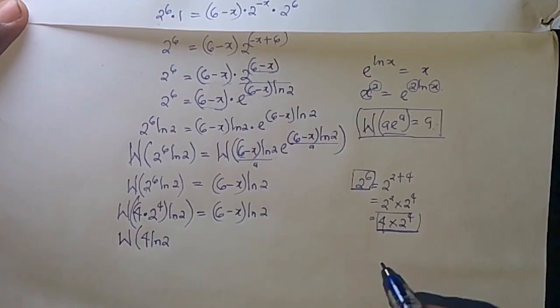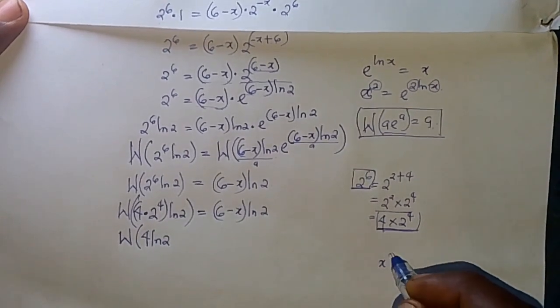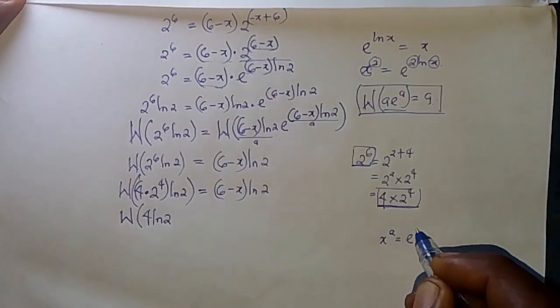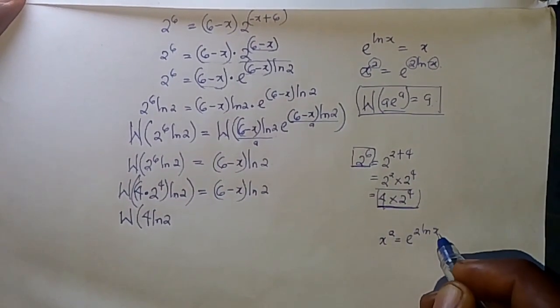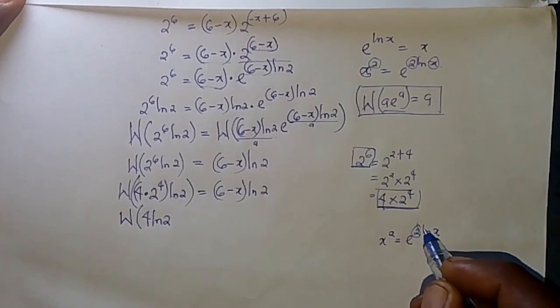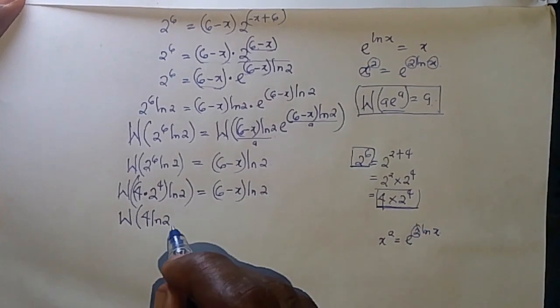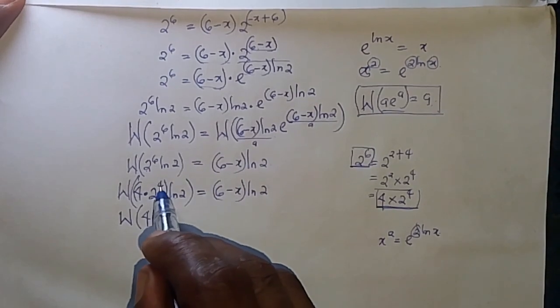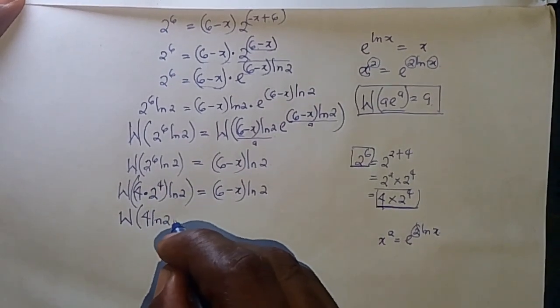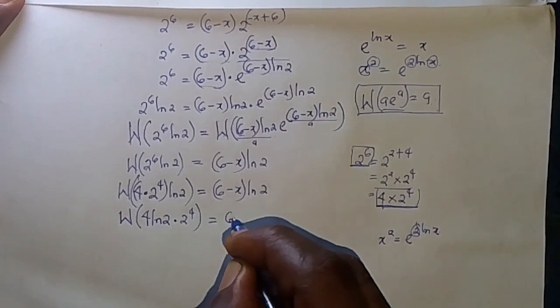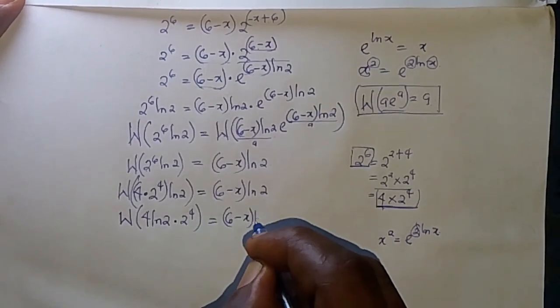Recall that we said if we have x squared, that x squared is the same thing as e to the power of 2 ln x, the exponent multiplied by ln x all to the power of e. So let's apply that here for 2 to the power of 4. Let's say we have 2 to the power of 4, and this equals 6 minus x ln 2.